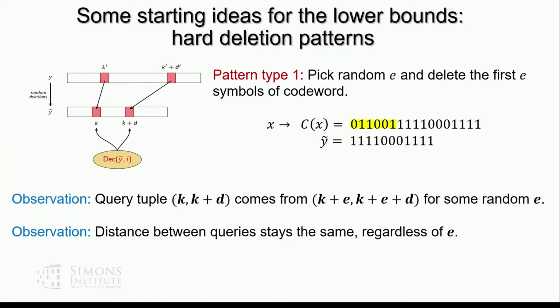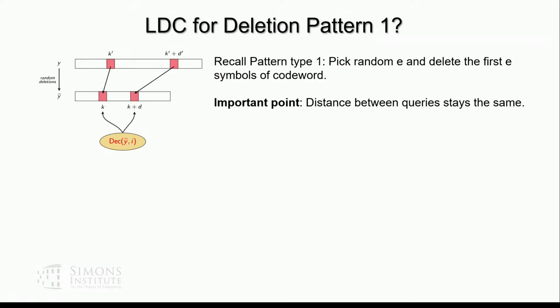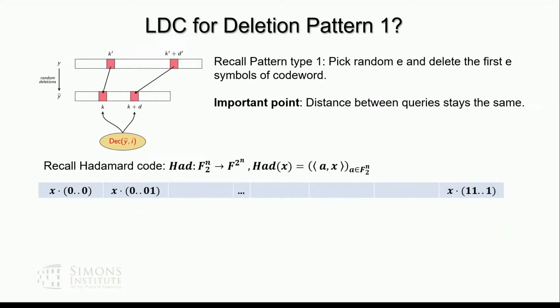So we have a distribution of queries here that induces another distribution upstairs. Essentially, we need to understand such distributions. So one may ask, can we come up with insdel LDCs for this particular error pattern?